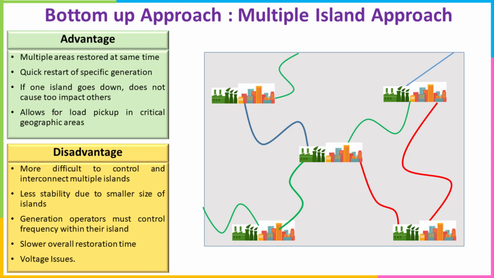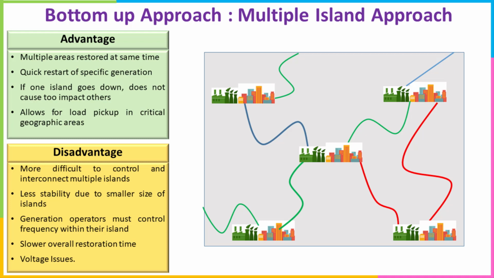So you should completely know the characteristics, and you should have a synchronization facility available in the cranking path, through which the tie line you are going to synchronize those islands. It should have adequate capacity so that in case there is a tie line flow from one region to another region also, the island can survive.